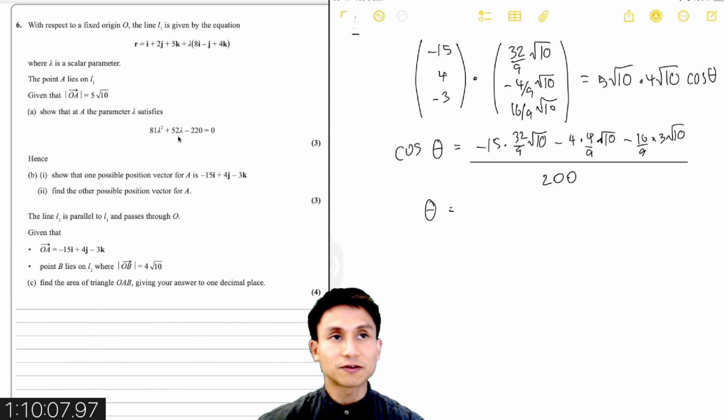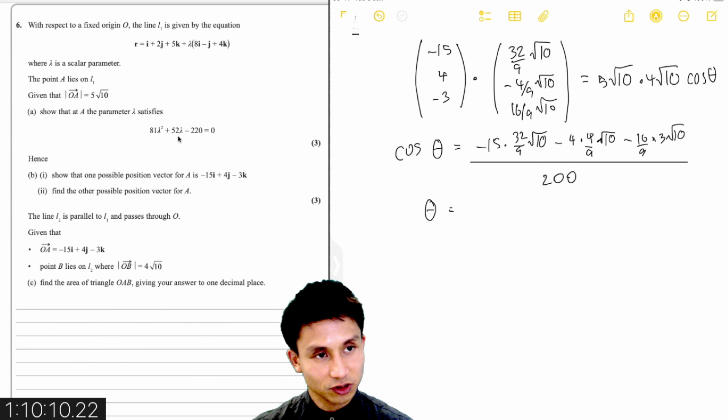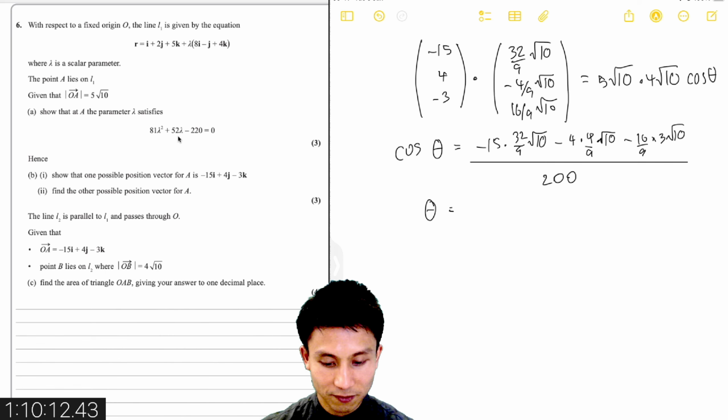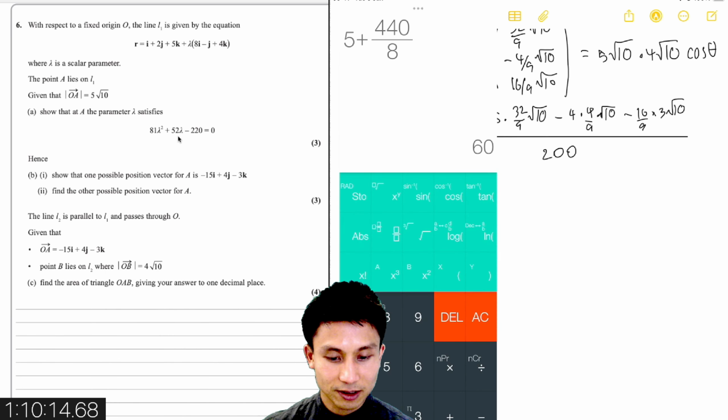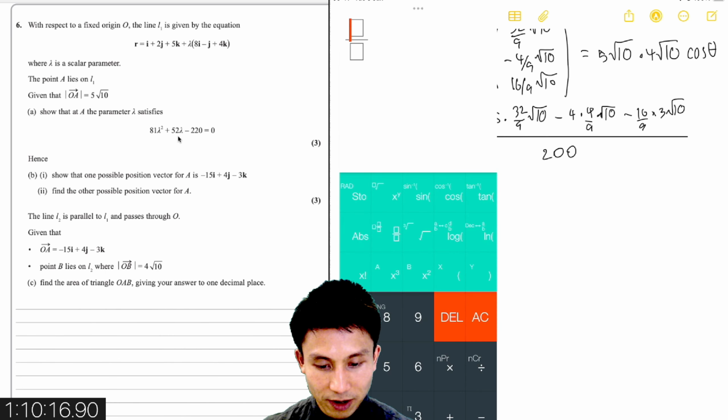If we do arc cos of that, we get an obtuse angle. So I'm just going to make it positive then. Bring that. So big fraction there.